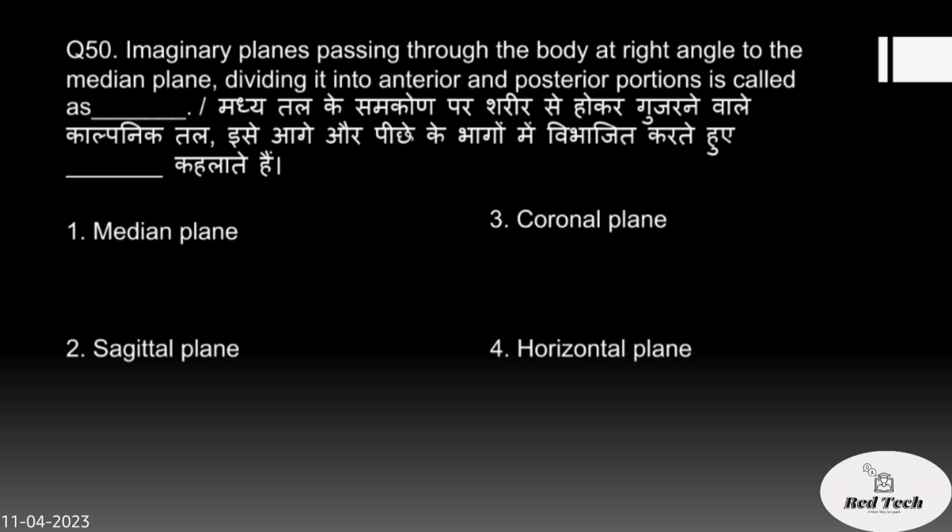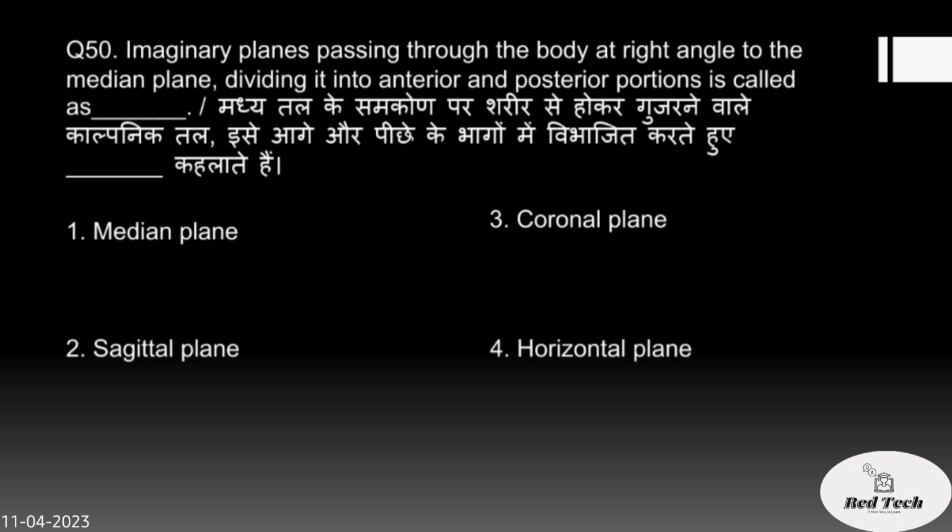The examiner is saying that this imaginary line divides the body into two parts, anterior and posterior. So the options are median plane, second is sagittal plane, option third is coronal plane, and option 4 is horizontal plane.